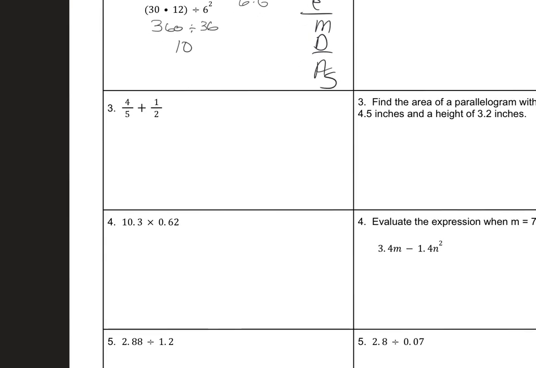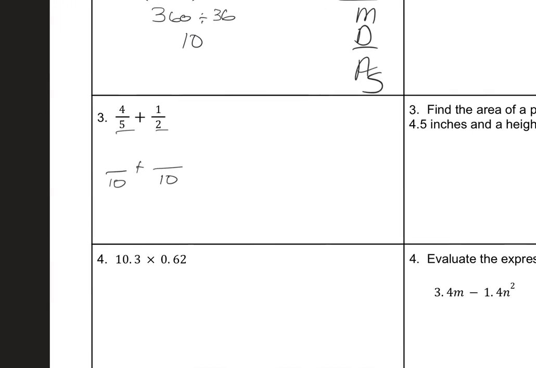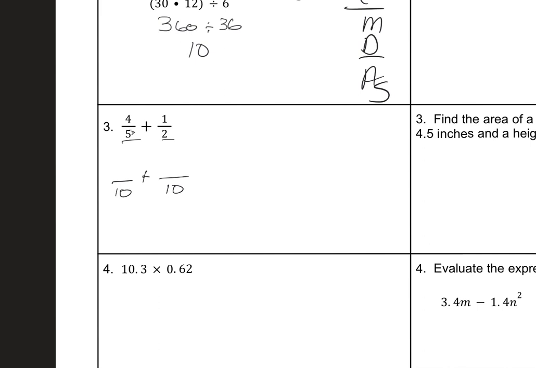Number 3, I am not going to fully work out for you, but I am going to help you get to where you can do it on your own. It's an addition of fractions problem, and you know when we add or subtract fractions, we have to have the same denominator. So find your least common multiple of 5 and 2, which is 10. And then you're going to say, what number do I multiply times 5 to get the 10 at the bottom?